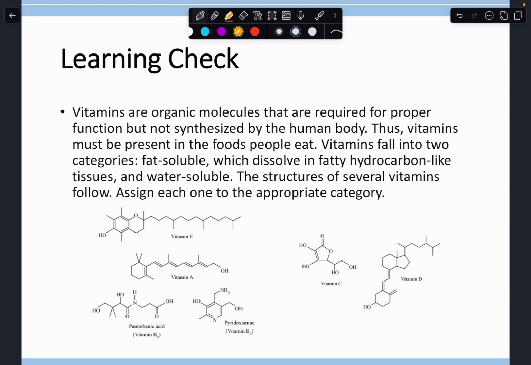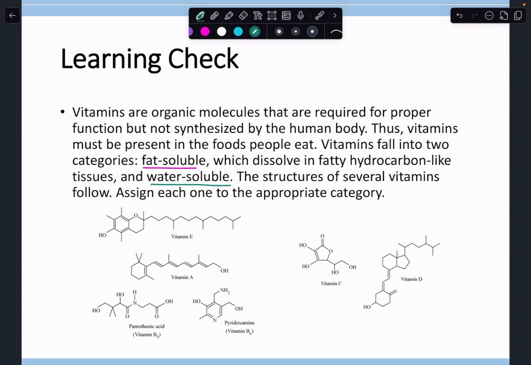They can be fat soluble, which those vitamins dissolve in fatty hydrocarbon-like tissues, or they can be water soluble, which they dissolve in water. So the structures of several vitamins are below. We're going to assign each one to the appropriate category, fat soluble or water soluble.